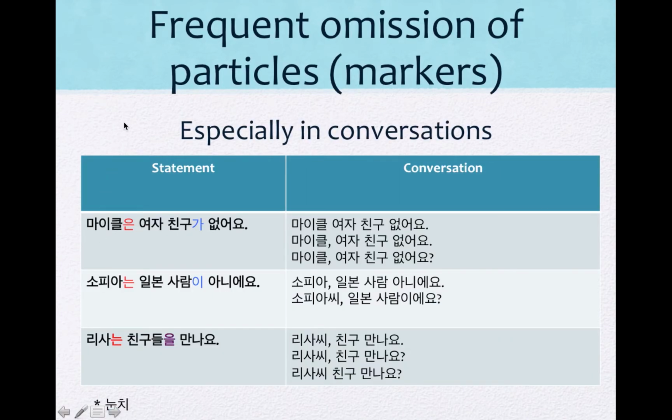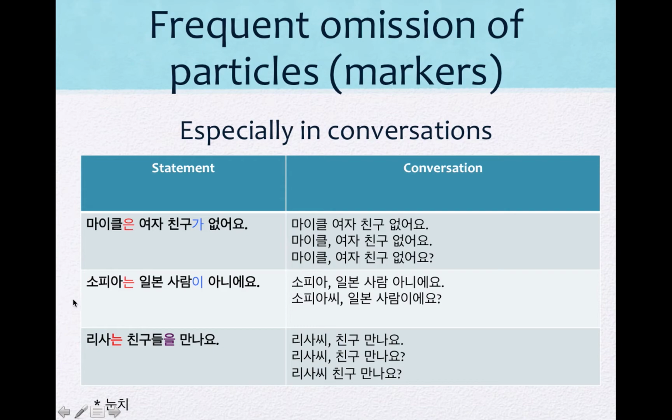Okay, the good news is, because these particles and markers are so confusing, Koreans drop these markers all the time. So if you don't know what to use, don't lose any sleep over it. Simply skip them. And because of the context, for the most part, you will be understood.